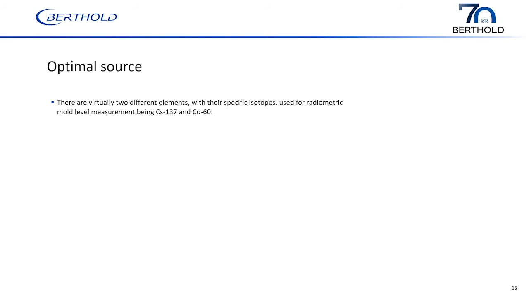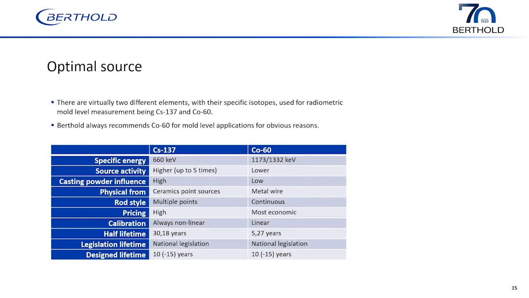For radiometric mold level application, there are, to my knowledge, only 2 elements being used. These are cesium-137 and cobalt-60. Berthold always recommends cobalt-60 for mold level for obvious reasons. Here is a table which shows the properties for the 2 different elements, cesium and cobalt-60.